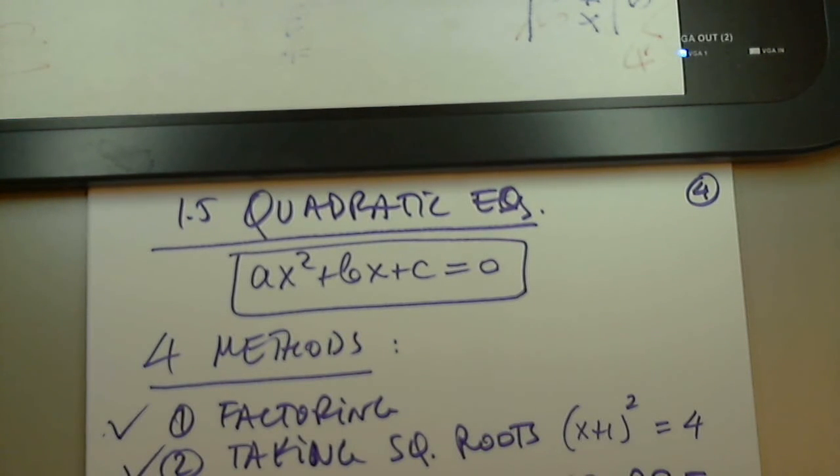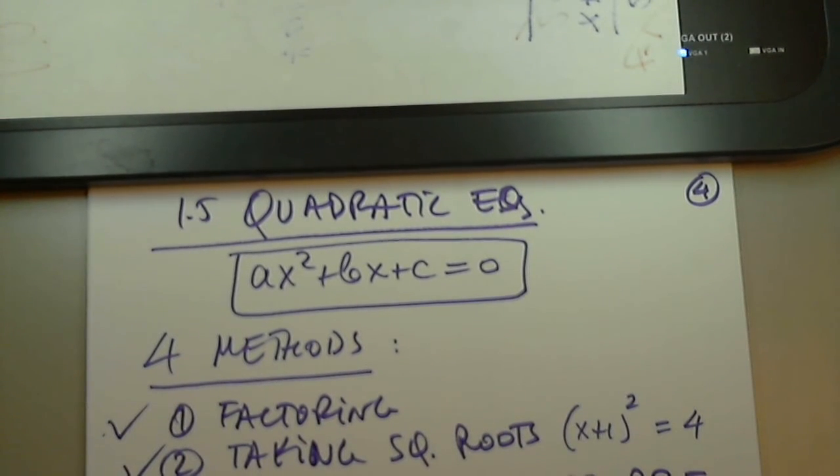But once I complete the square and get into this form, how do I solve? I have to go back to taking square roots. So completing the square alone will not solve the equation. After I complete the square, I have to use method number two. So this is not recommended, but it's a method that we need to learn for something else later on.